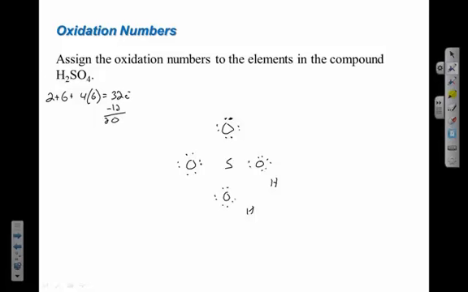Then I just calculate what the charges would be. So for the oxygen, each one has 8 electrons. So it's going to be 6 minus 8, negative 2. Each oxygen is going to have a negative 2. For the sulfur, it needs 6 to be neutral. It has 0 assigned to it. So it's going to be a plus 6 oxidation state. For each hydrogen, it needs 1, but has 0 assigned to it. So that's a plus 1.